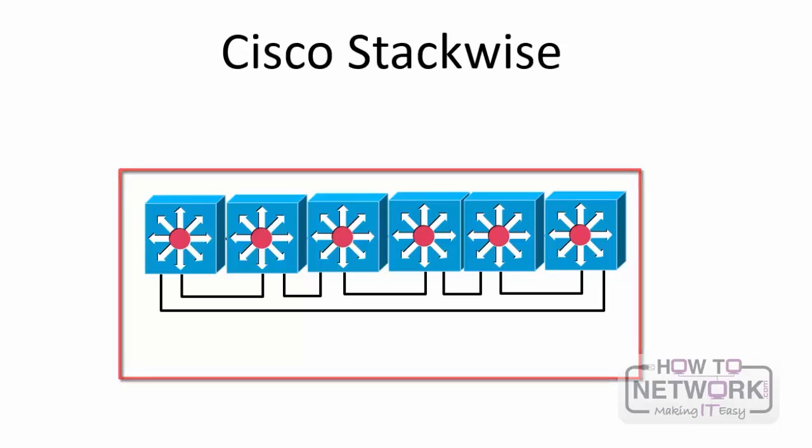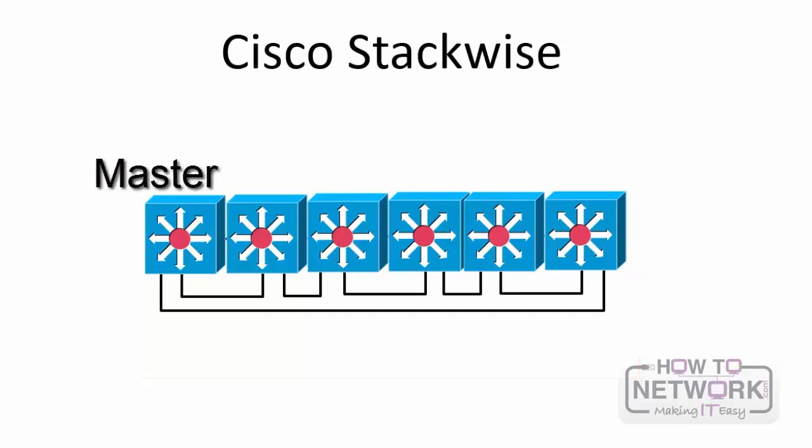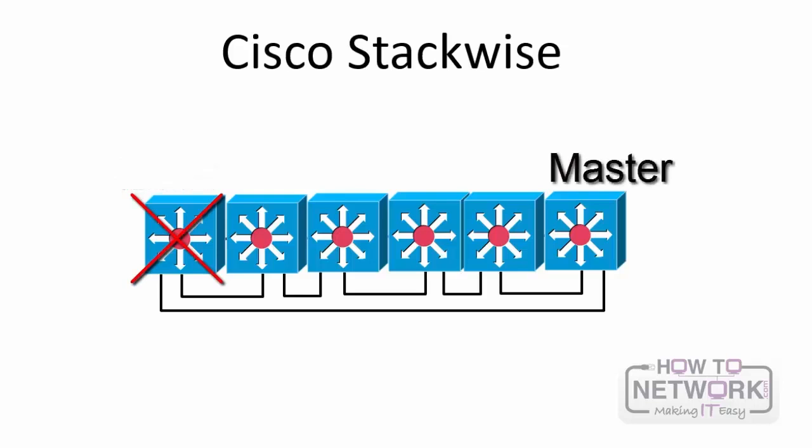There is only one switch that is the stack master, and that is the switch on which you would perform your management functions. Even if that master switch were to fail, another member switch could take over the role.